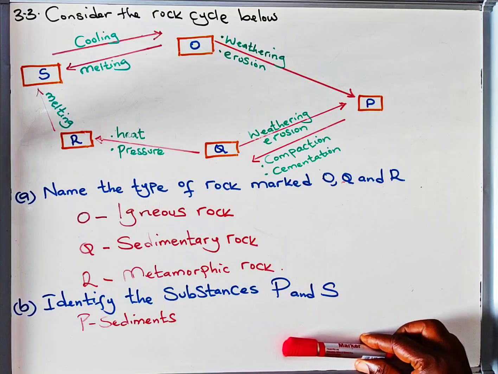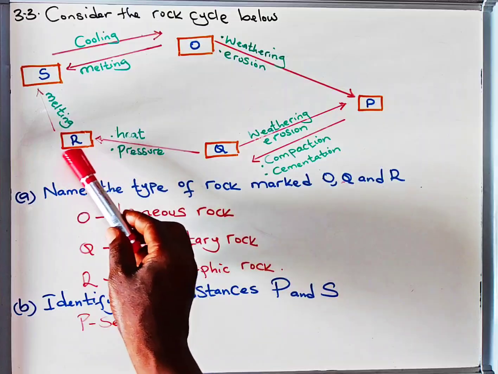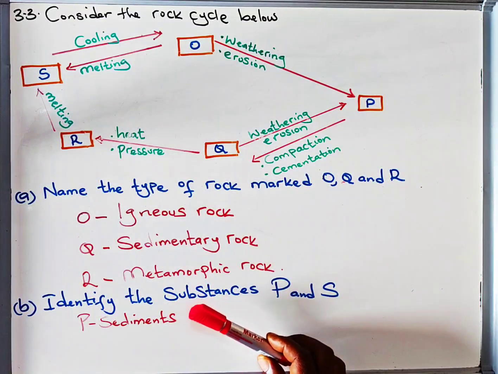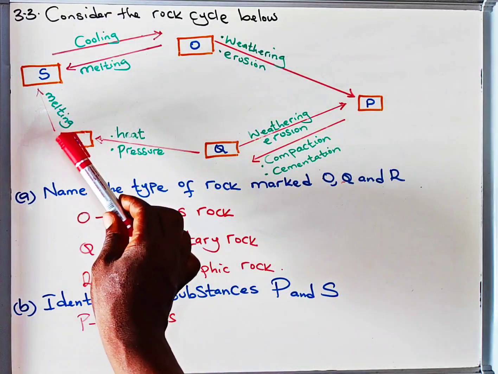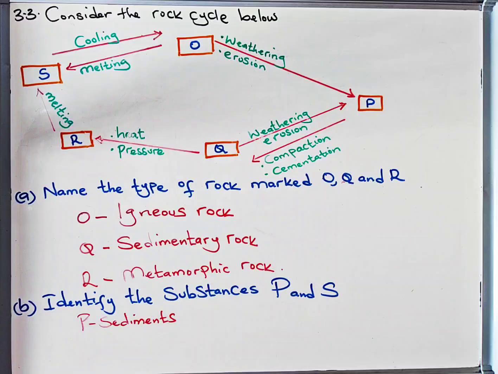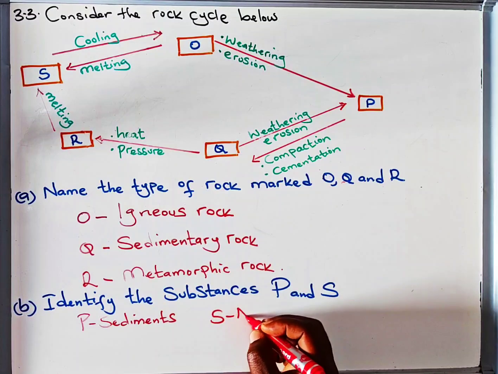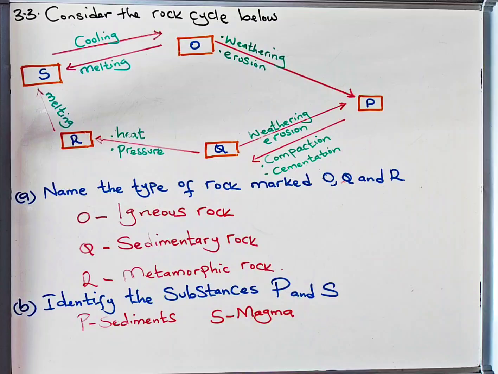Then S. S is formed when R melts, and we identified R as metamorphic. So when metamorphic rock melts, it forms S. So what is S? S is magma. And we call it lava when it's on the surface of the earth.